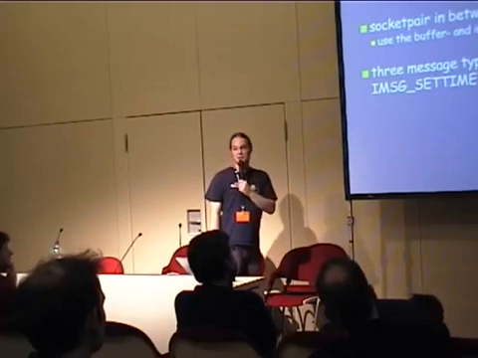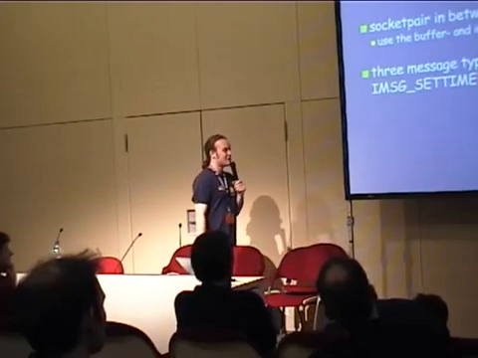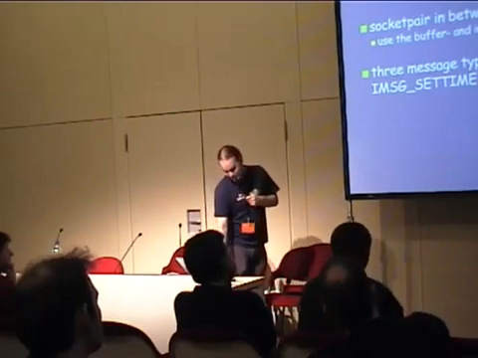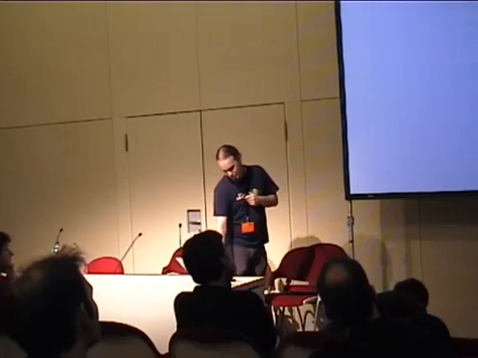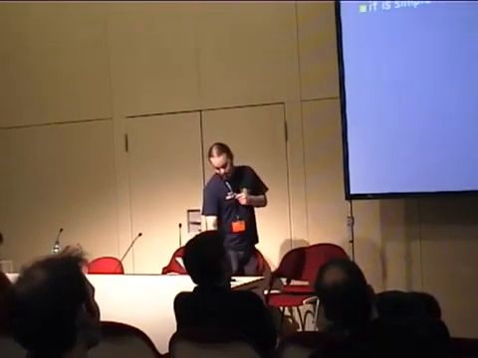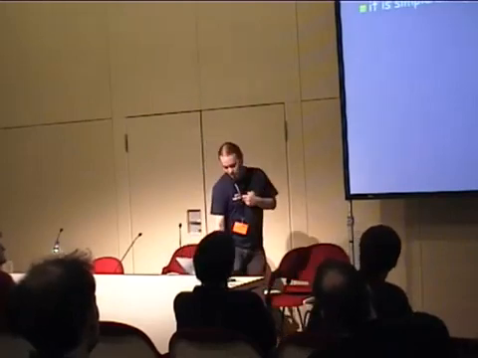And we have three message types. Remember, BGPD had 44. We have three here. It's IMSG_ADJTIME, IMSG_SETTIME and IMSG_HOST_DNS, which we're going to look closer at in a few. NTPD is actually a really good example if you want to learn about privilege separation. It is simple enough to be easily followed, read and grokked.